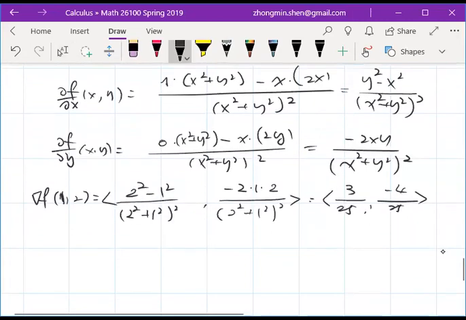So the directional derivative at that point is just the inner product with the gradient.